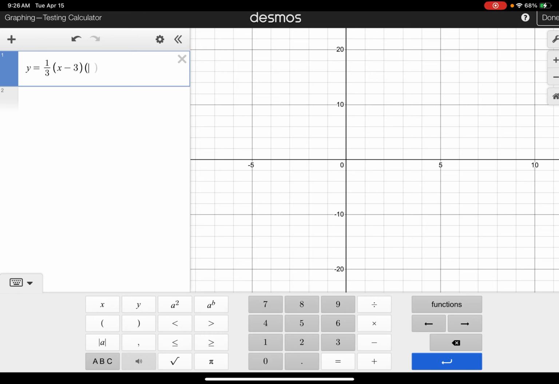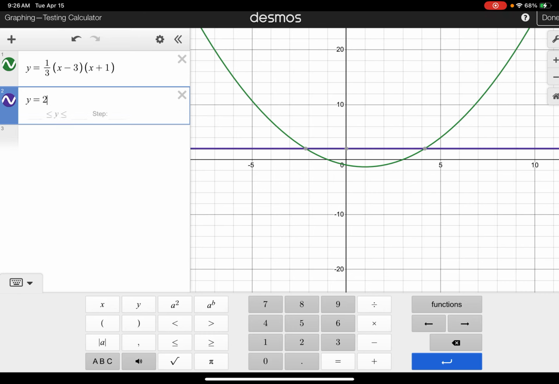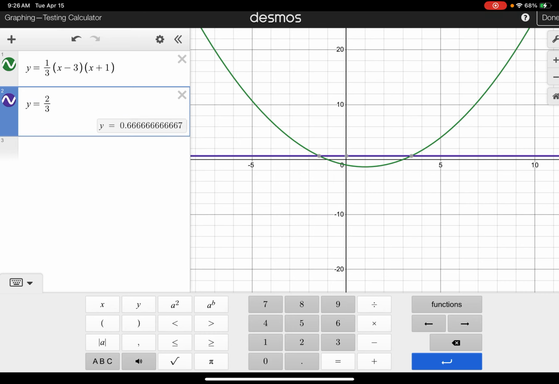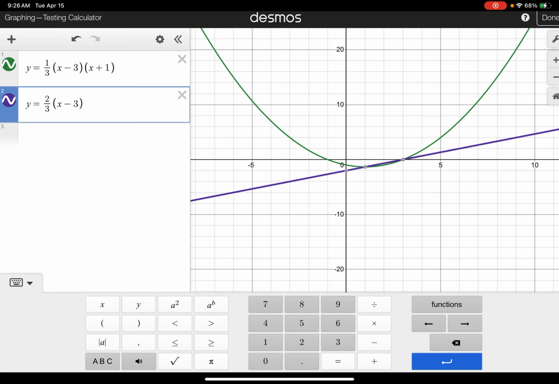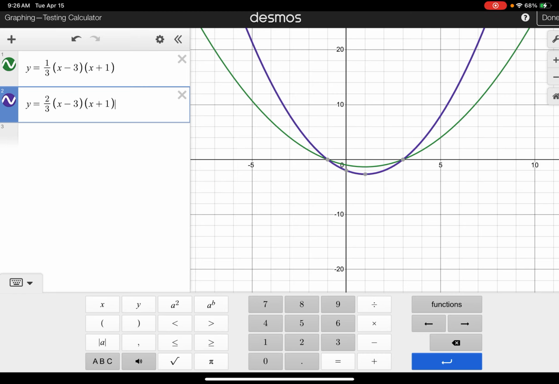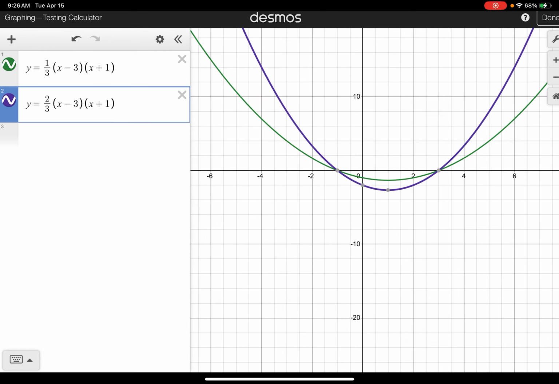If you didn't understand what I was doing earlier with those factored forms, you can do this with all 4 answer choices if you need to. And then answer choice D is y equals 2/3, and then the same factors, x -3 and x +1.